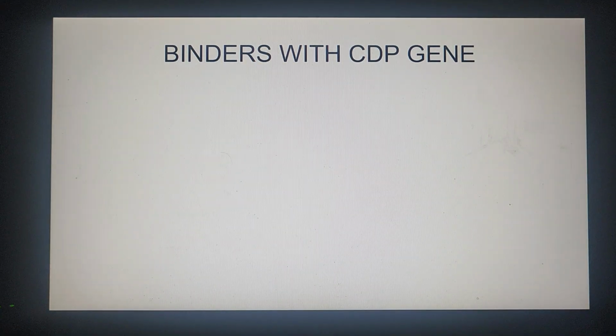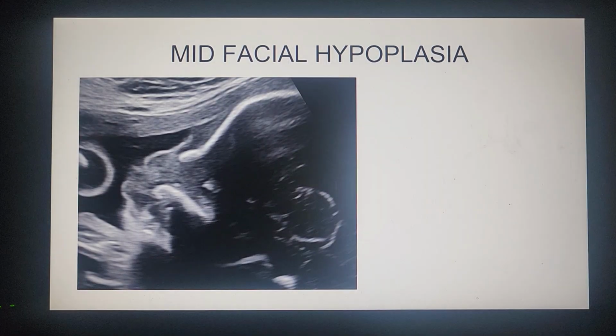Now I will show you the last case of binders with a proof of Chondrodysplasia punctata. So here we have again a fetus with an increased frontonasal angle, a midfacial hypoplasia, not so overt as the previous cases, a subtle flattening of the nose. You can see the nose is much inside as compared to the upper lip and lower lip.